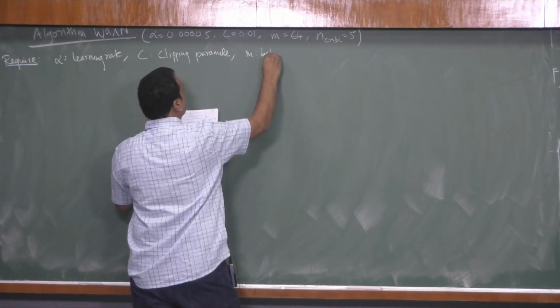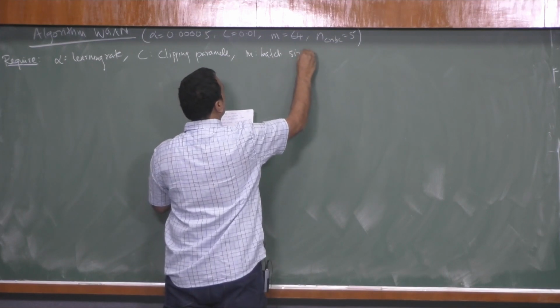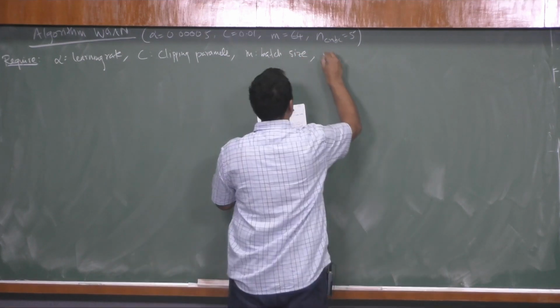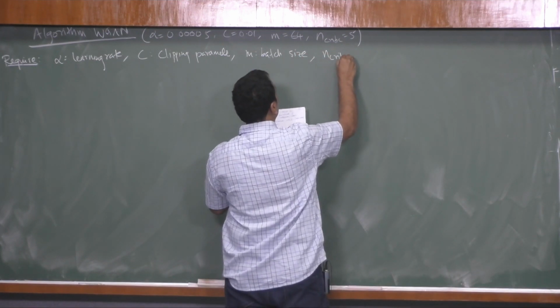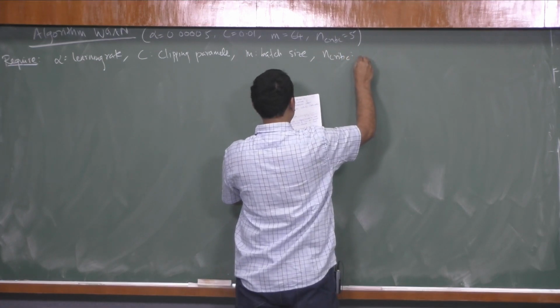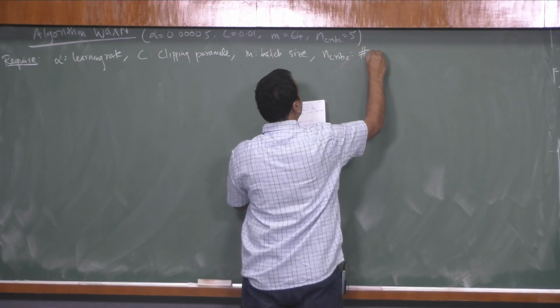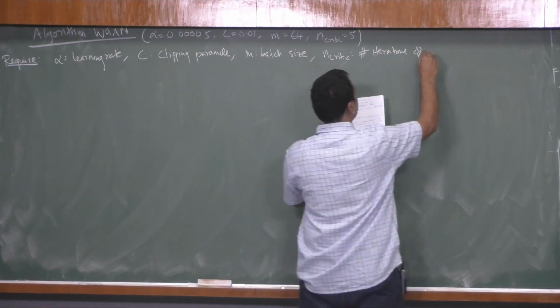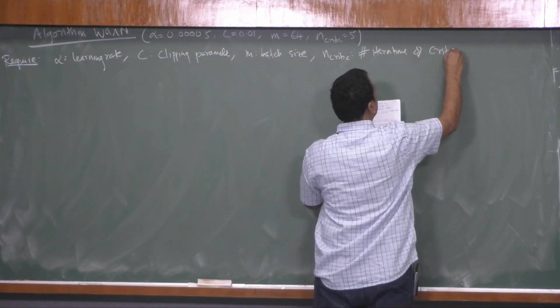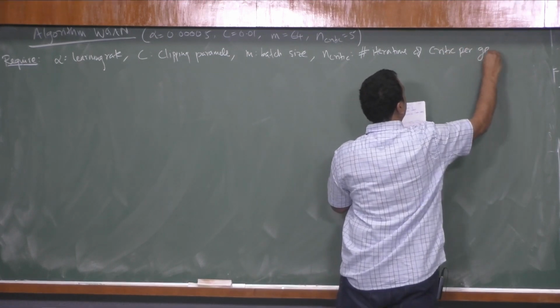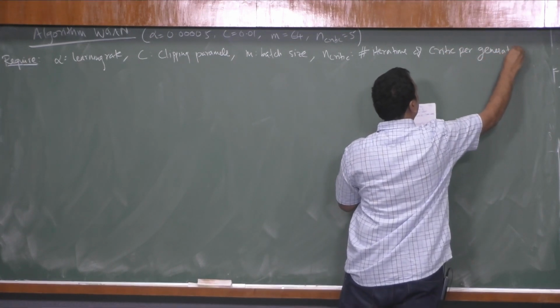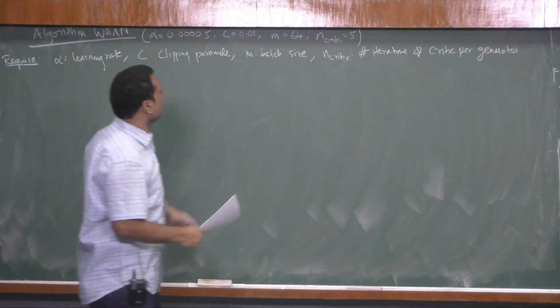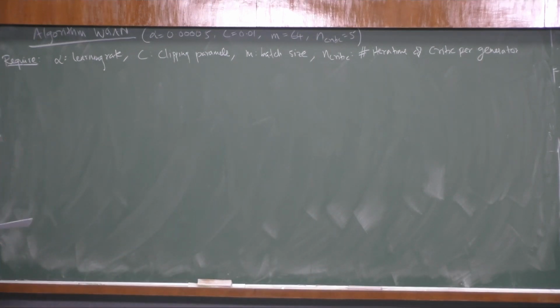Okay, and because this is supervised learning, we will take a couple of samples. N critic is the number of iterations of the critic per generator. If you remember, in the original GAN also we were doing k iterations of the discriminator.